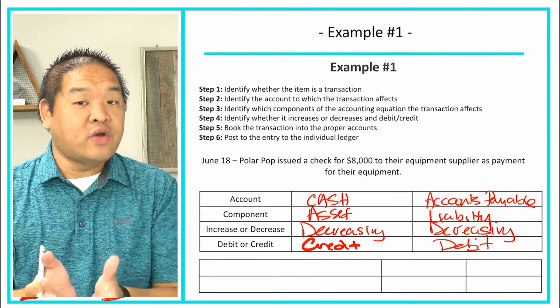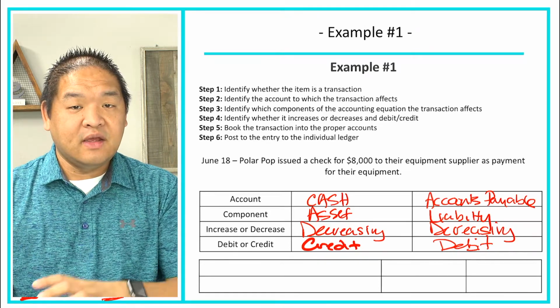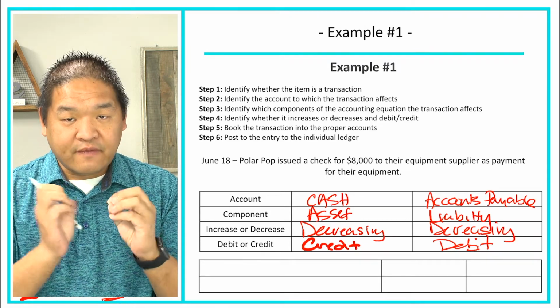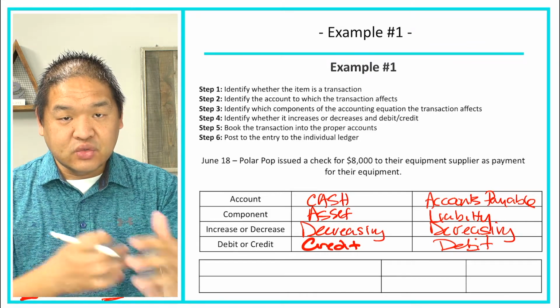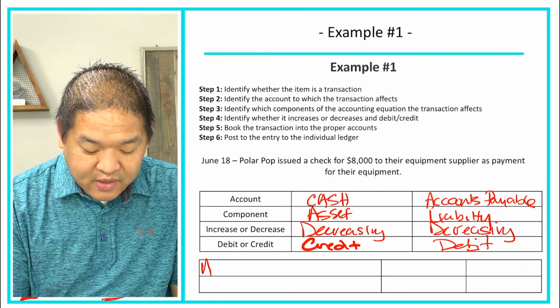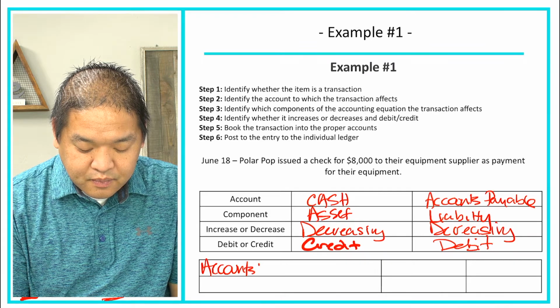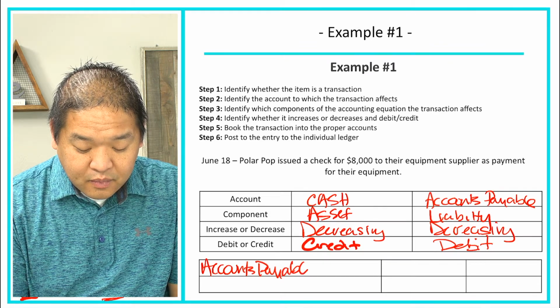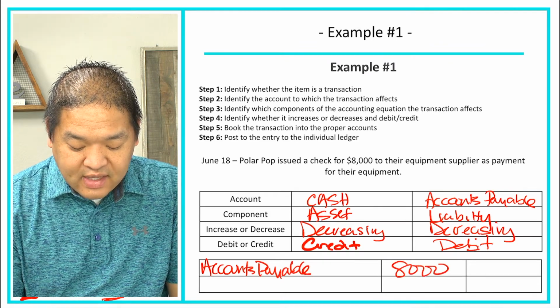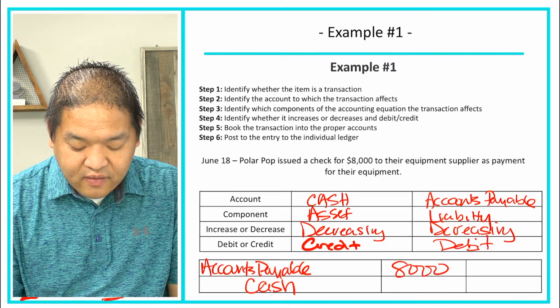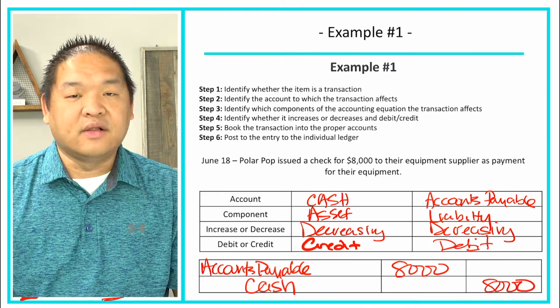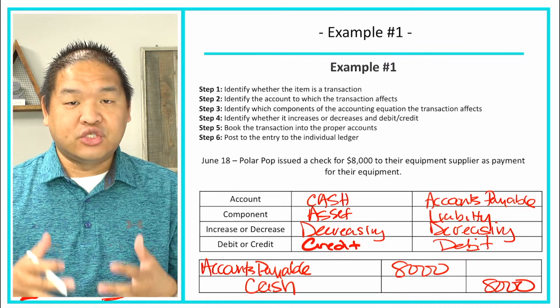All right, now we do have credit first and debit second here, but we know that we always have to put debit first, then credit second. So we'll start with the debit. The debit here is accounts payable for $8,000, and then cash will be a credit for $8,000. So that is our journal entry there.